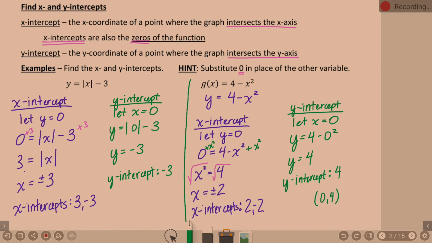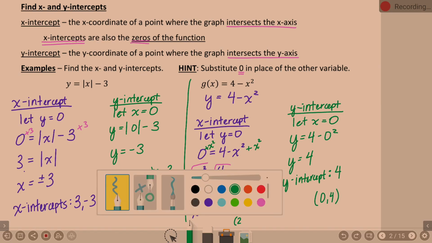What if they ask about x-intercepts? What would those be? Well, no. Think two different ordered pairs. When x is 2, y is 0. Or when x is -2, y is 0. So, let's see, can I fit it in?